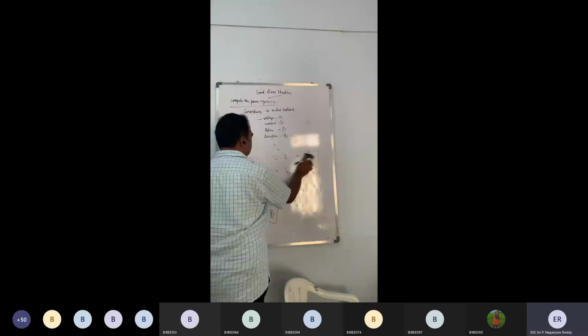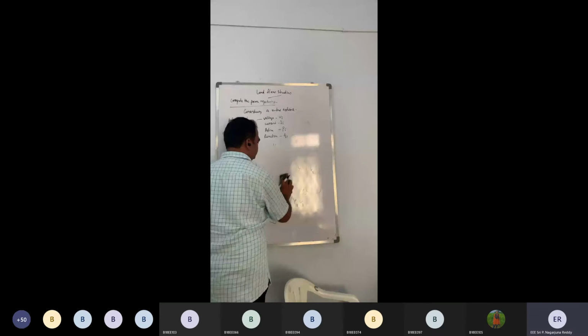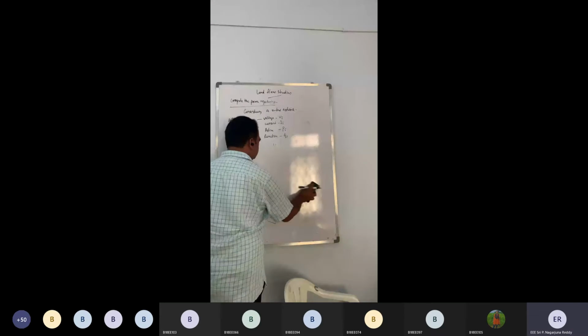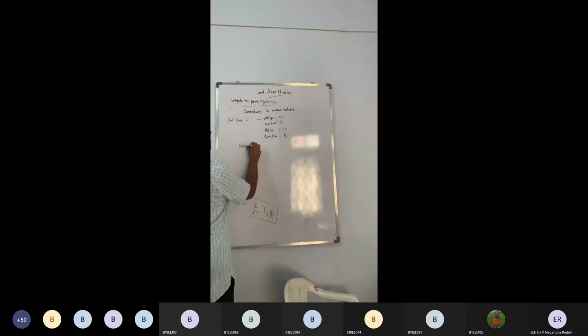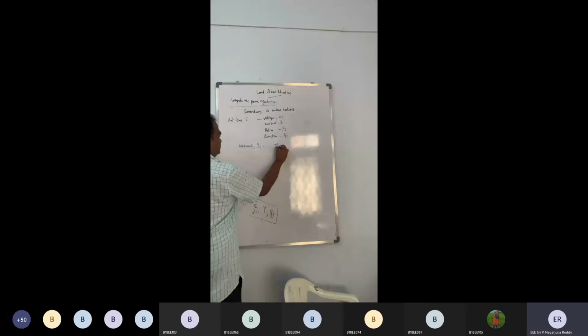So, a quick review of PS2 once again about the voltage and current at any of the buses. At bus i, the current Ii is given as sigma j equals 1 to n of Yij Vj. Fine, done. Now, how to determine the P and Q?